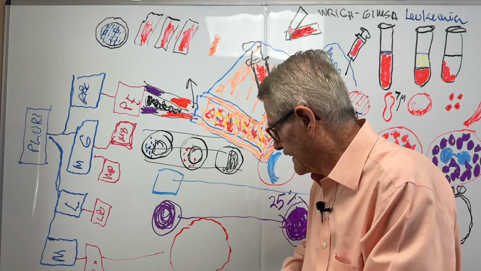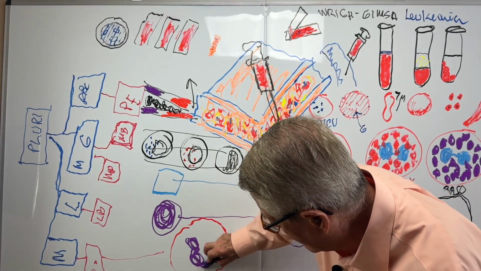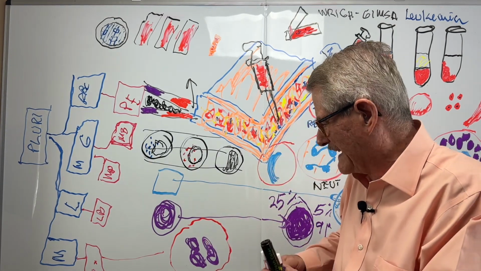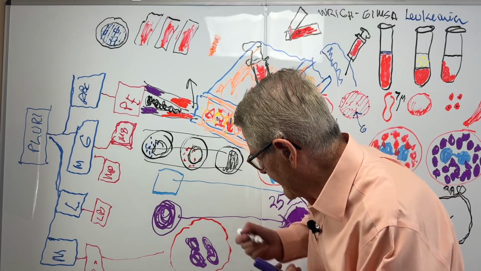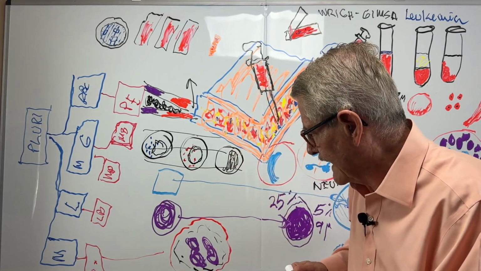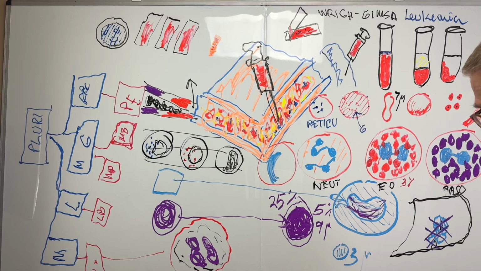The nucleus is not multinucleated but polylobated, and the cytoplasm has the appearance of certain divisions, and it will give rise to the platelets.